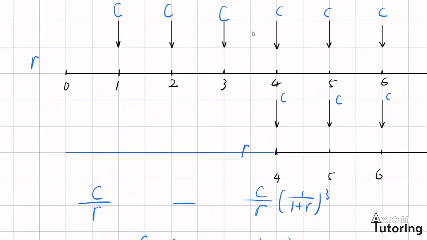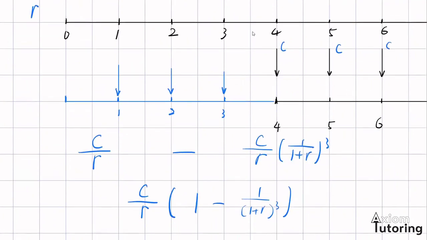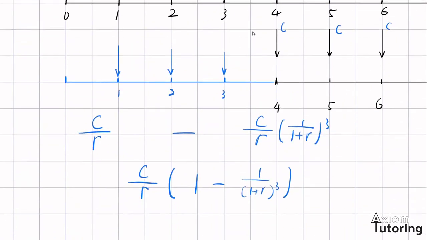Or you can see it as the 3 payments that we're missing here. If we have 1, 2, and 3 here, then the difference is those 3 missing payments of cash flows. So this is the connection between the annuity and the perpetuity formula. The annuity formula is basically 2 different perpetuities and taking the difference, where one starts somewhere in the future, t years in the future.